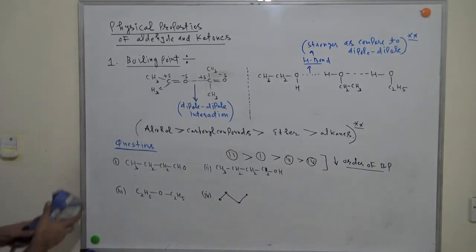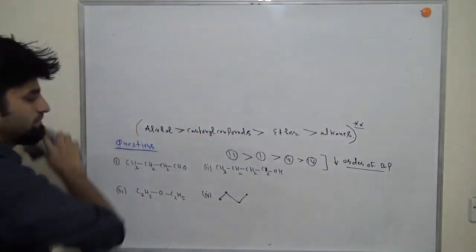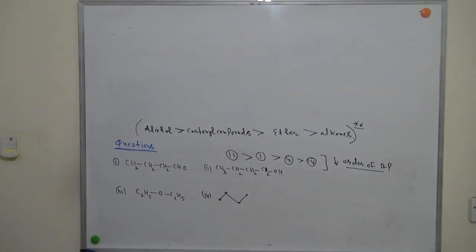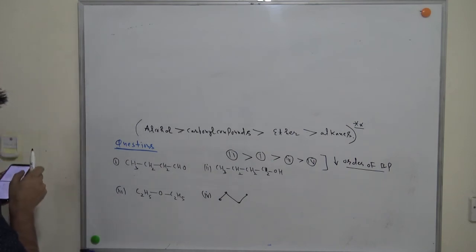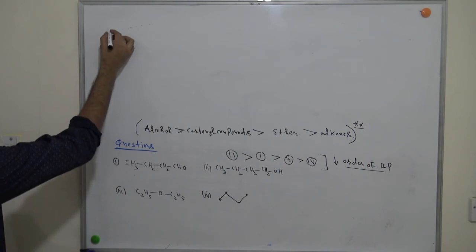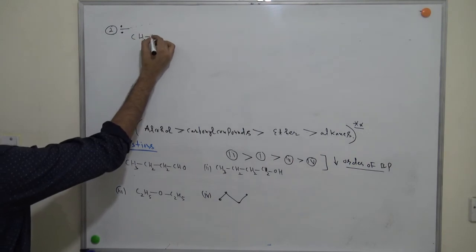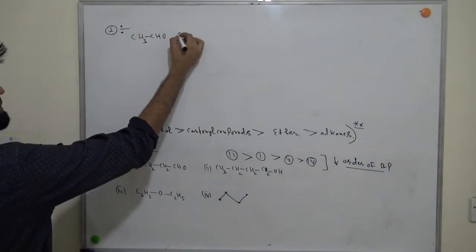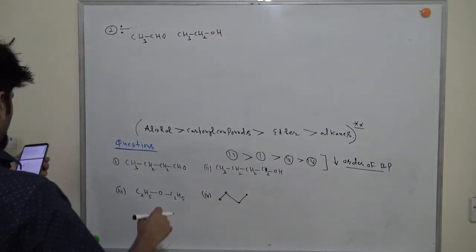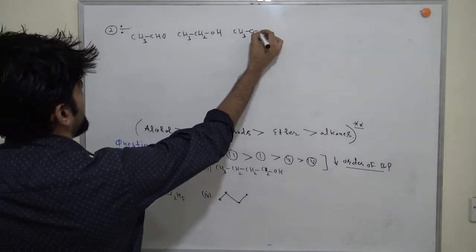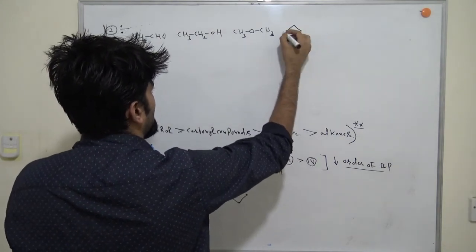One more question I'm taking. Question number 2 is CH3CHO, CH3CH2OH, CH3OCH3, and we have an alkane, in bond line formula.